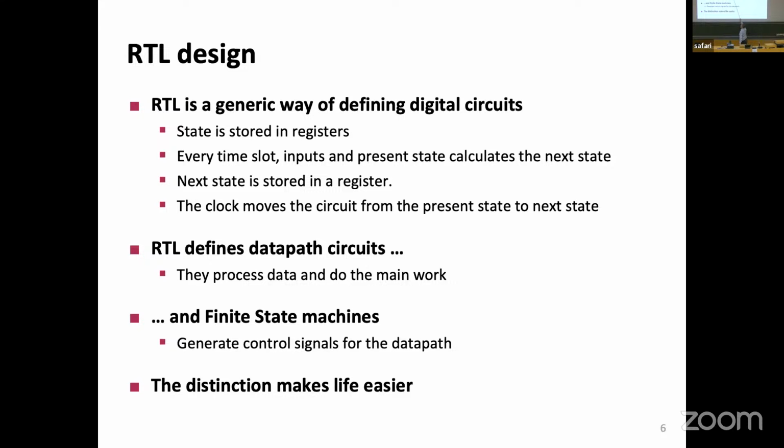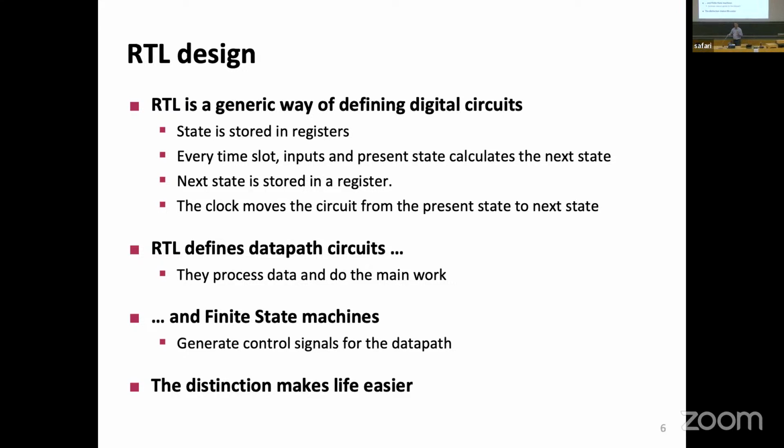Now, RTL definitions can be used for data path circuits. These are the ones that I was showing where data more or less flows and gets manipulated. And here are my favorite multiplexers choosing which one of the possible outputs I choose. Or finite state machines, which are predominantly used to generate control signals that actually tell you which part of the circuit, which part of the data path to take.